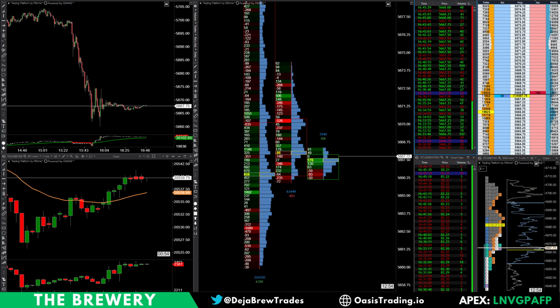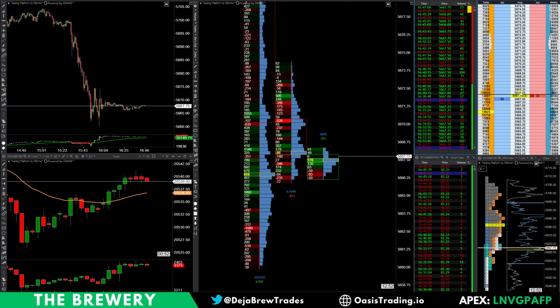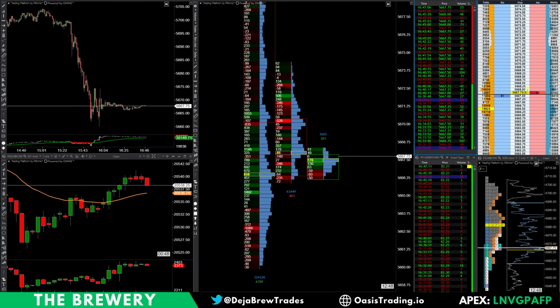If I want to buy a level, let's take 68 for example here, is it allowing price to consistently trade below 68? And I watch how the orders are coming in on the DOM here. Is it just constantly hitting into 67 and flooding that level? Or is it hitting like a brick wall on 68 and consistently trading above it?